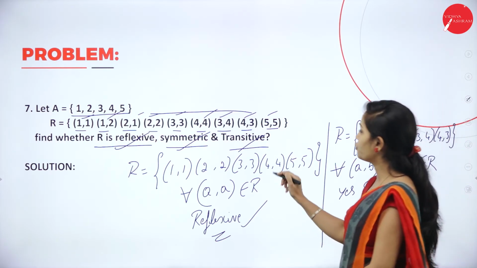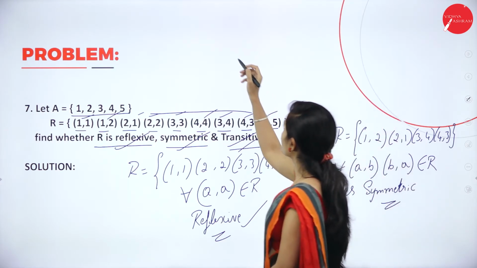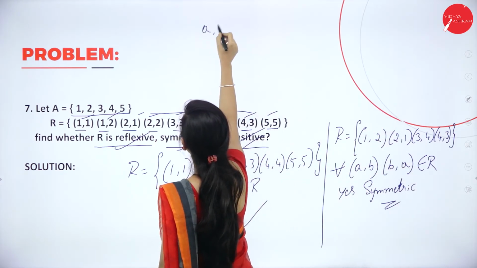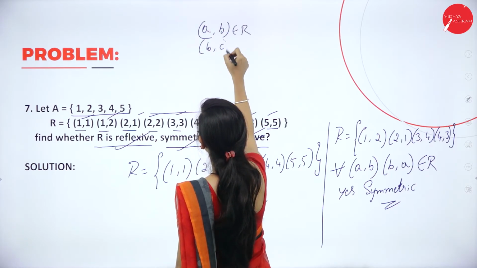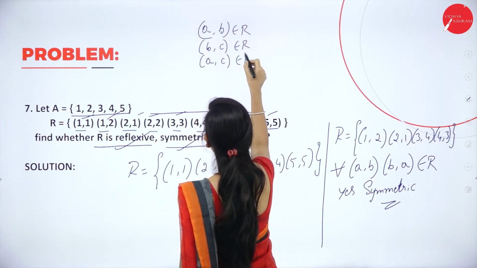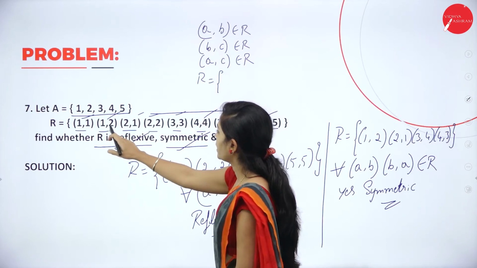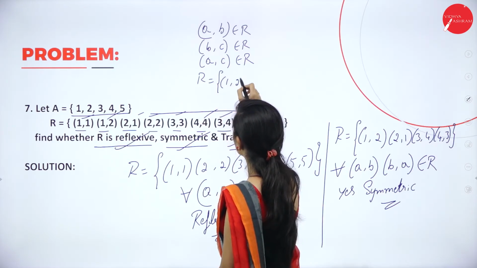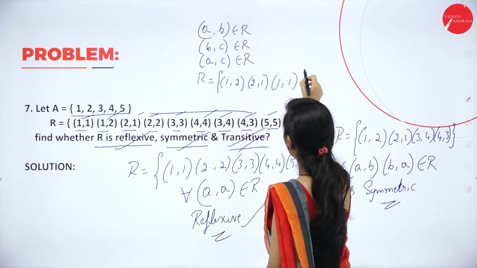And lastly, we have to find whether it is transitive or not. So, what is transitive? It should hold: (a,b) belongs to R, (b,c) belongs to R, and then (a,c) belongs to R. So R is equal to, we have (1,2), (2,1) and (1,1).